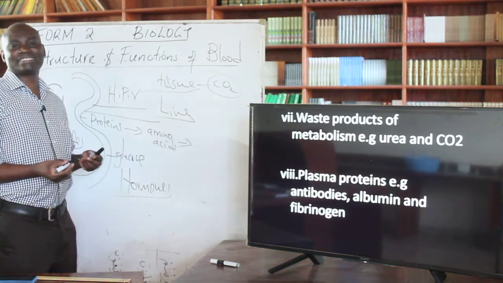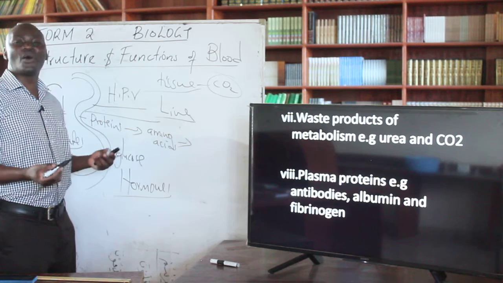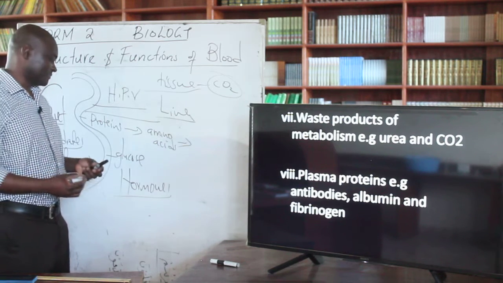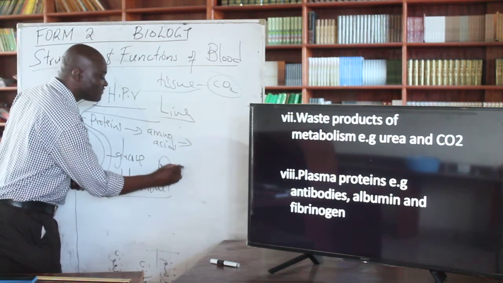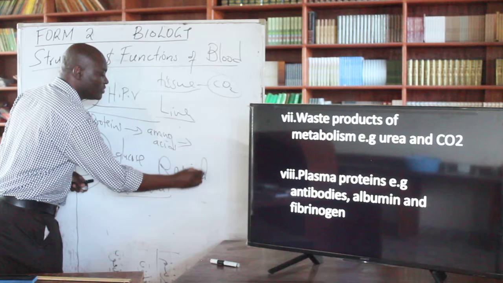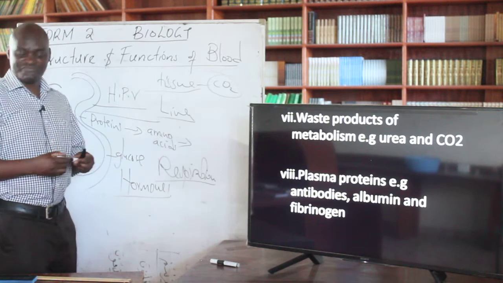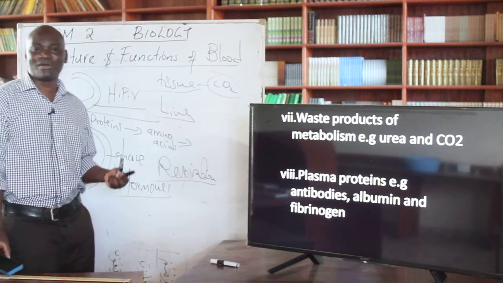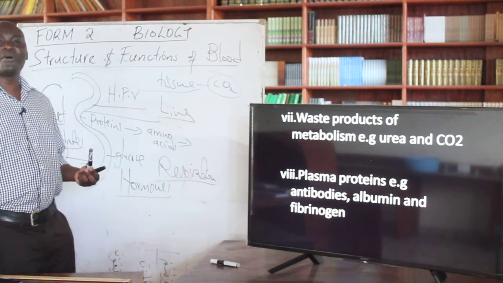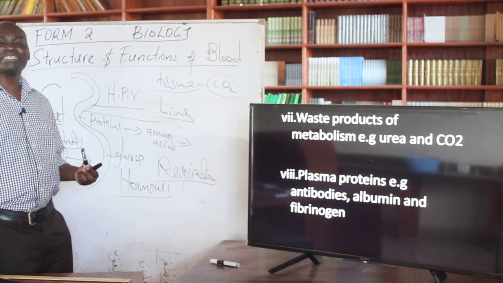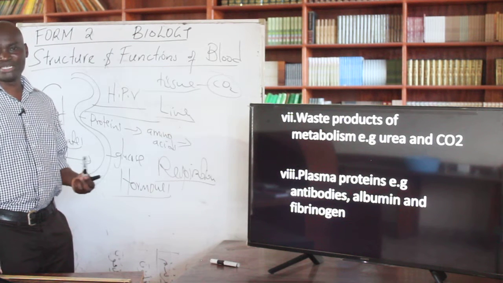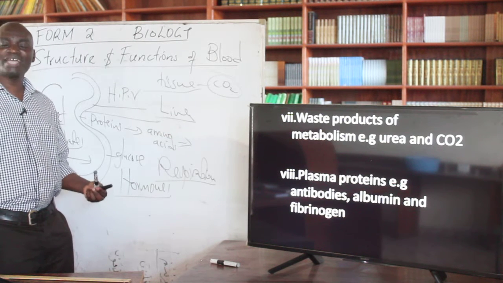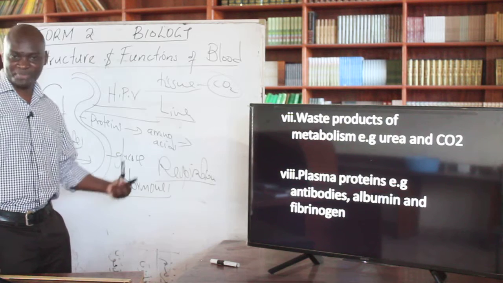And how is carbon dioxide formed in the tissues? Through the process of respiration. We have learned about the various functions of the cell organelles. One of the cell organelles that we looked at in Form 1 is the mitochondria. And mitochondria is the site of respiration.